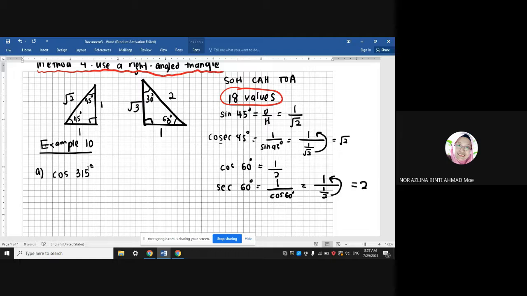Okay, cos 315 degrees. Apa-apa mesti kita kena tahu dia punya position, kedudukan. Okay, 315. Kat mana kedudukan dia?